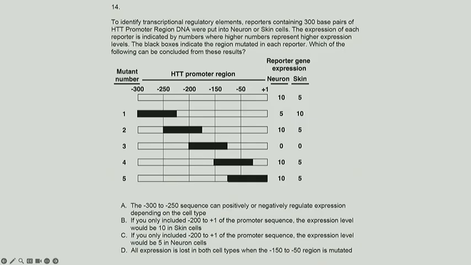Yeah, so for B and C, right, I'm basing it off the fact that when you mutagenize the minus 300 to minus 250, you get a change in expression to 5 in neuron, 10 in skin, right?